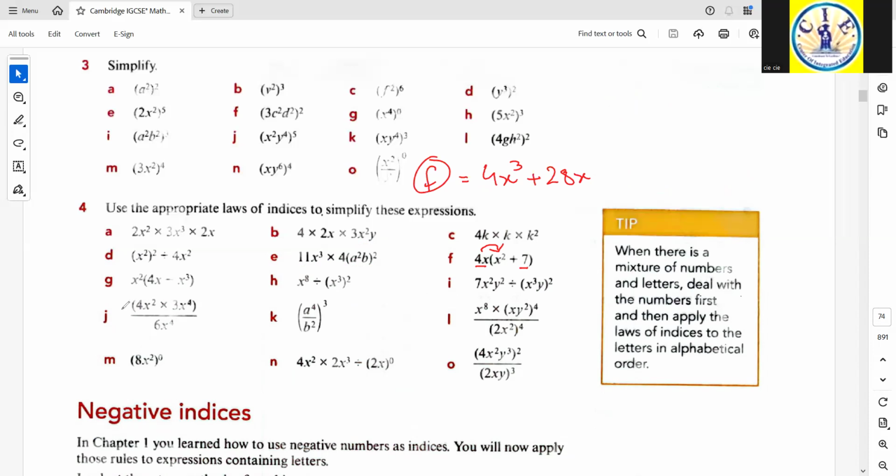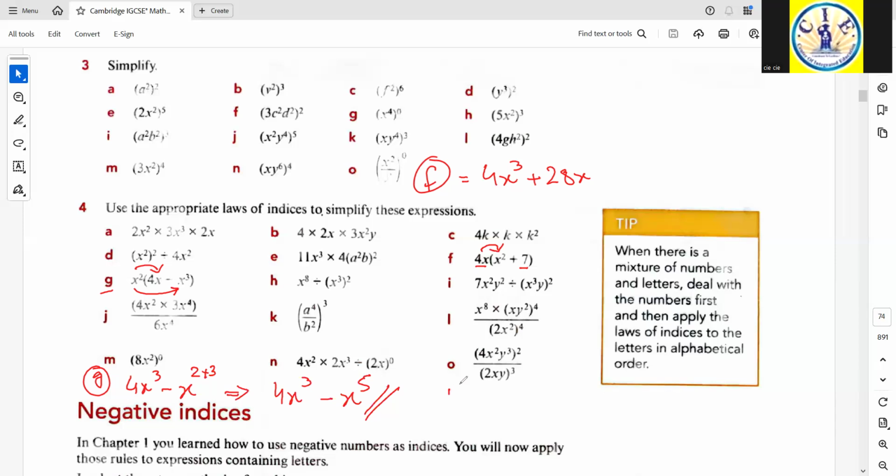For part G, x squared is to be multiplied with 4x, which will give us 4x cubed, and now x squared is to be multiplied with x cubed, which will give us x raised to power 2 times x raised to power 3. The powers are going to be added like this. So this will be 4x cubed minus x raised to the power 5. So this answer is like this.